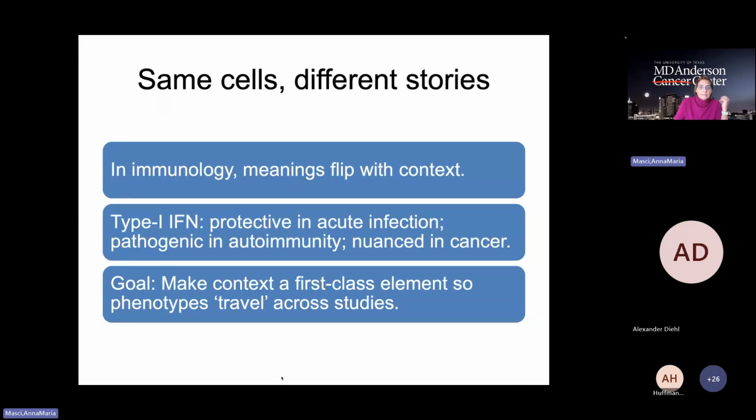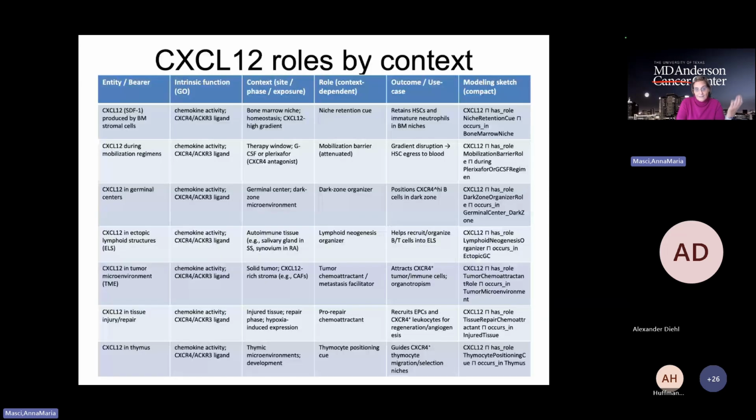These are just a few other examples. This is another molecule, the chemokines, and I don't want to go through all of it, obviously, but you can see that you can have a niche retention role, so it is not going to move cells if it is happening in the bone marrow, whereas it is going to facilitate metastasis if it happens in the tumor.